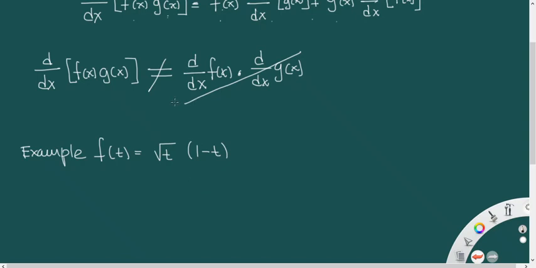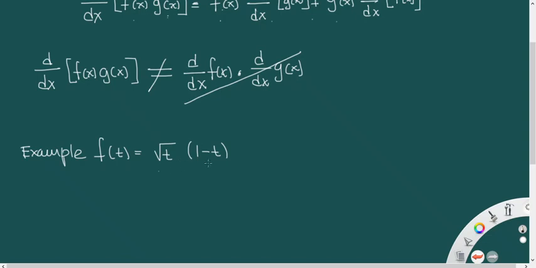Some of you maybe suppose that this is a single function, but it's not, because remember, the function is the rule that we apply to the independent variable to get another dependent variable. In this case, we have the square root of t, which is a function, and 1 minus t, which is another function. So we have a product of functions: square root of t times 1 minus t.